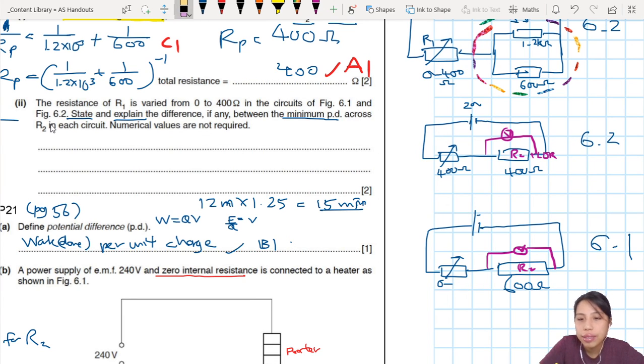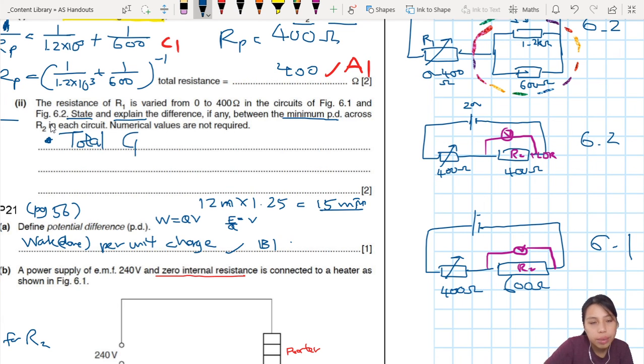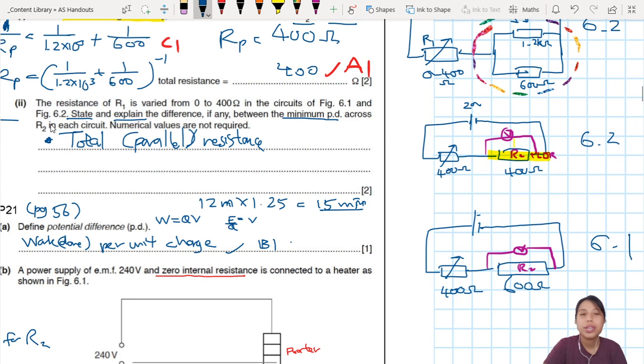So in both cases, minimum at 400. But how will the minimum change? How is this V from 6.2 and 6.1 going to change? Here's how you can describe it. First point, you say total parallel resistance. Parallel resistance means the LDR plus R2 added together, or the rainbow thing that I drew on top there.